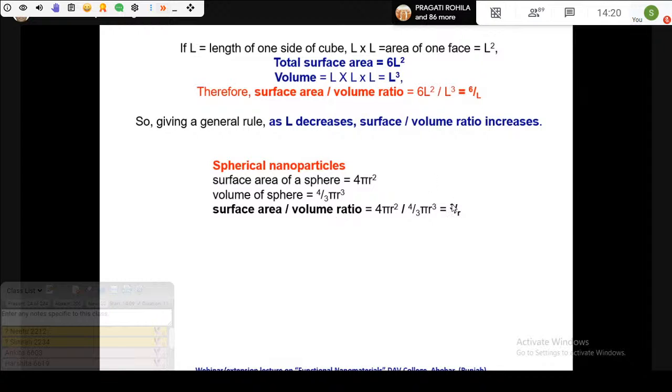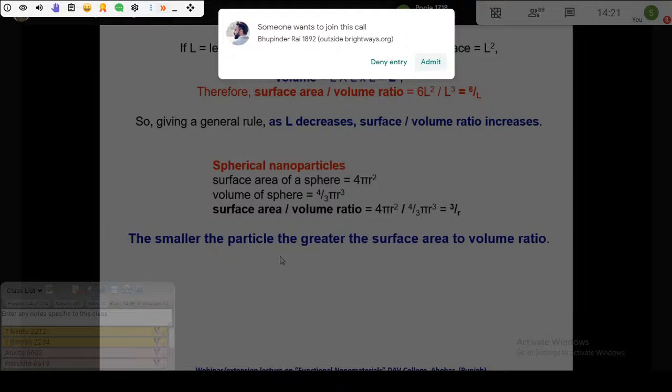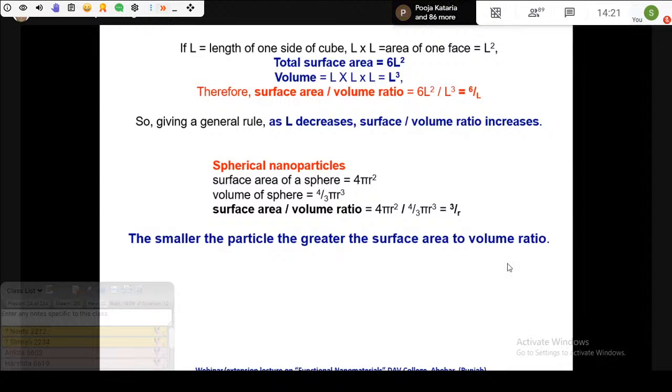The ratio is inversely proportional to the radius. It means whatever the shape, the main thing is the size. If size is decreasing, your surface area to volume ratio will be increased. So smaller the particle, greater will be the surface area to volume ratio.